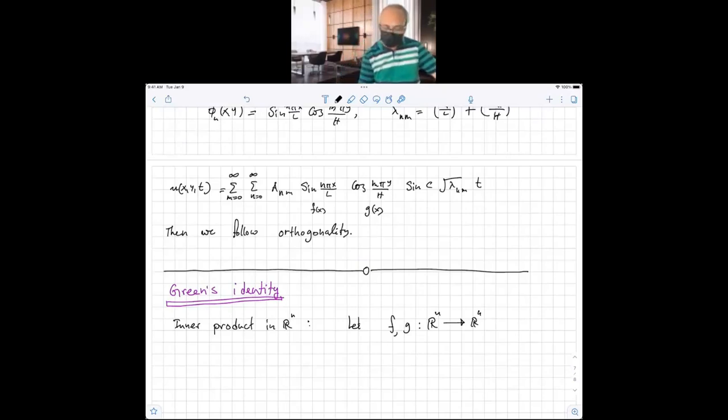So the inner product would be given by the following. We have an n-dimensional domain, so I cannot go from A to B or 0 to L, and my function f is a function of n independent variables, and then I will use some weight as in the one-dimensional case. So that is the inner product.